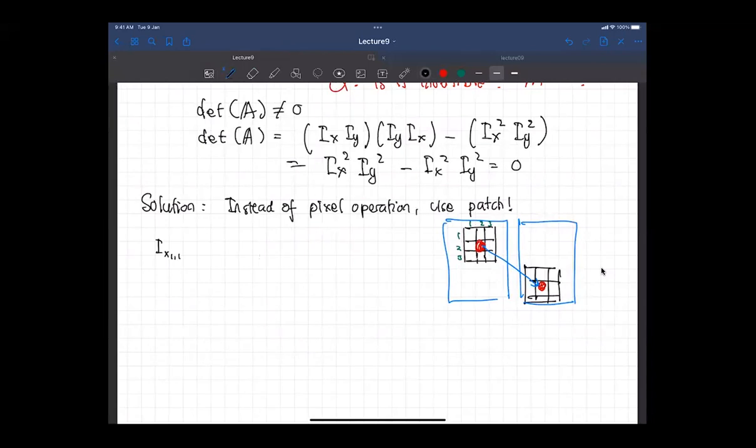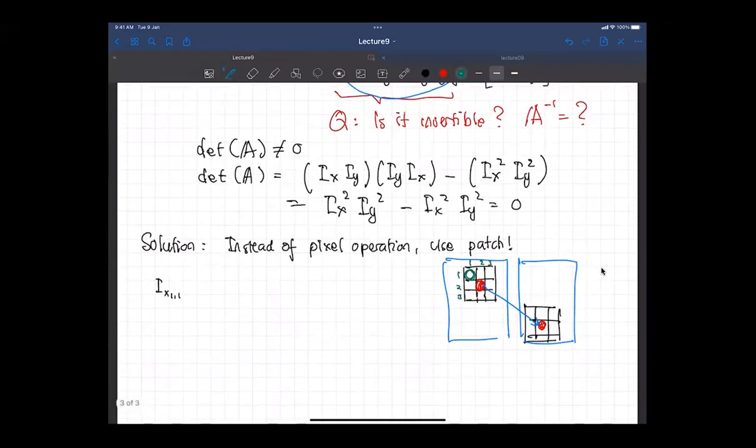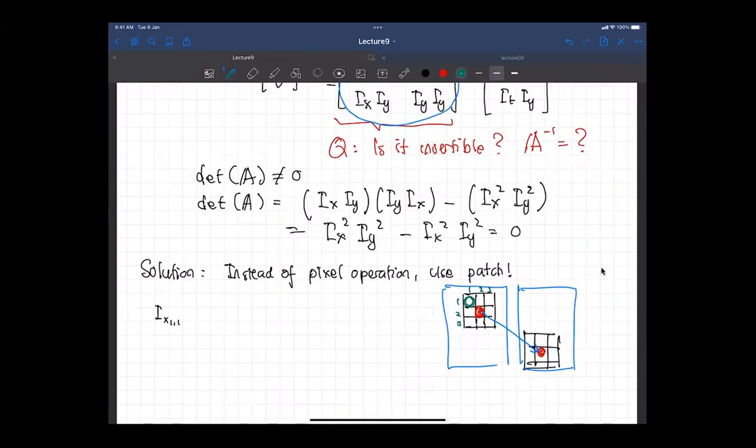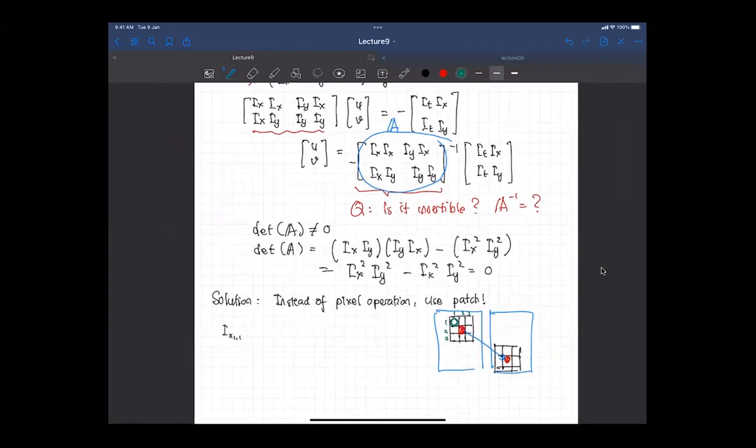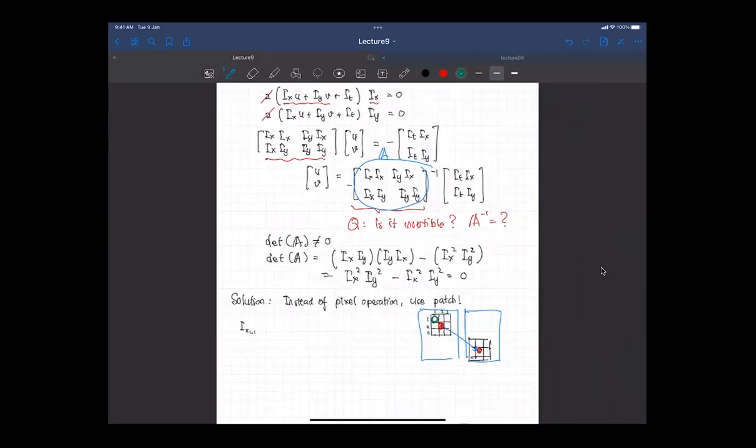The 1, 1 pixel is here, and we find the derivative of that. I follow this equation here, the first equation there.